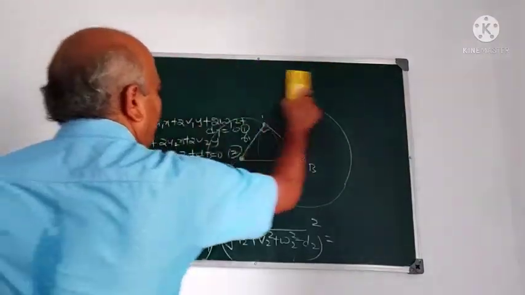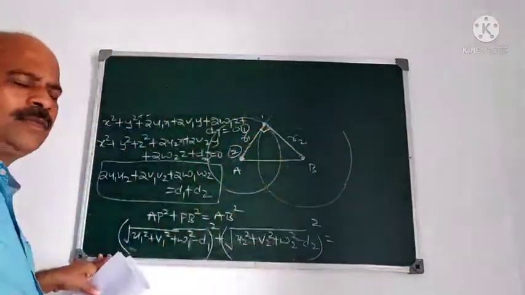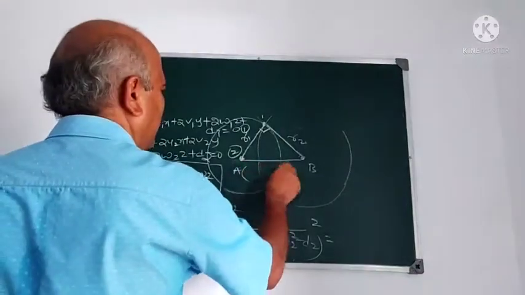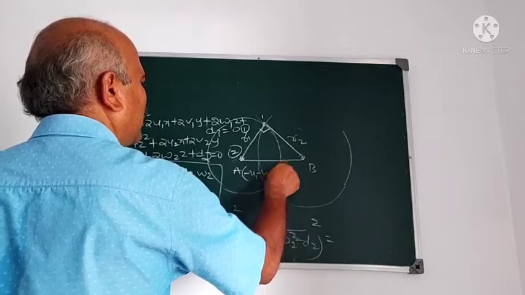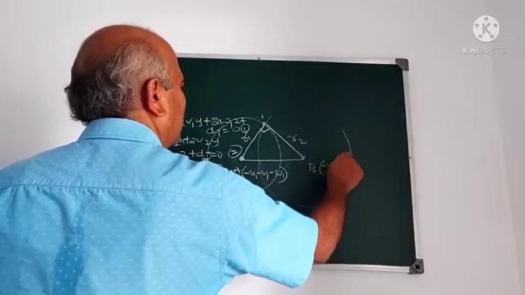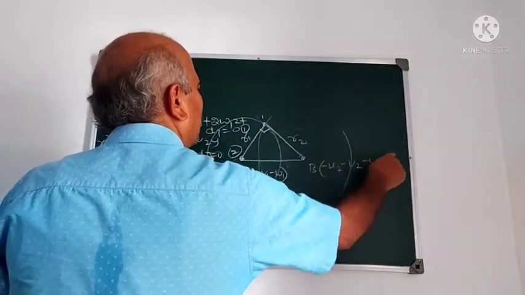What is AB? AB is the distance between the centers. What is the center of the first sphere? (-u1, -v1, -w1). The center of the second is (-u2, -v2, -w2).